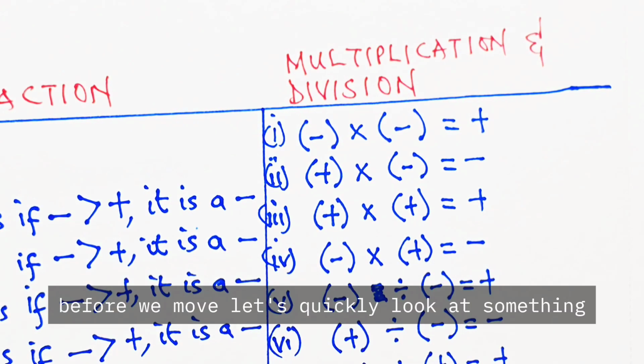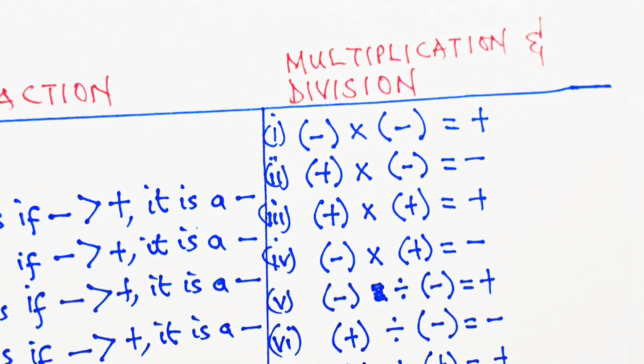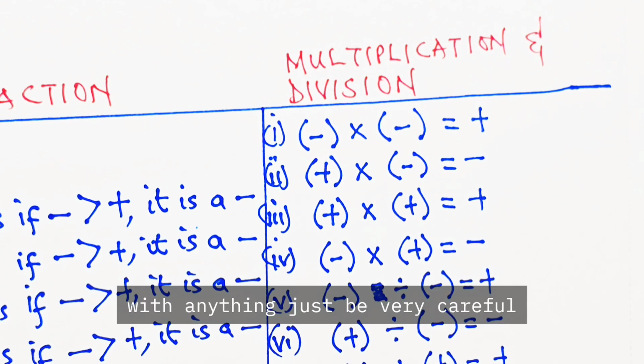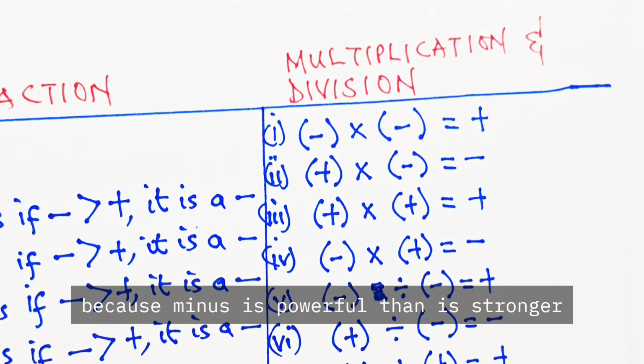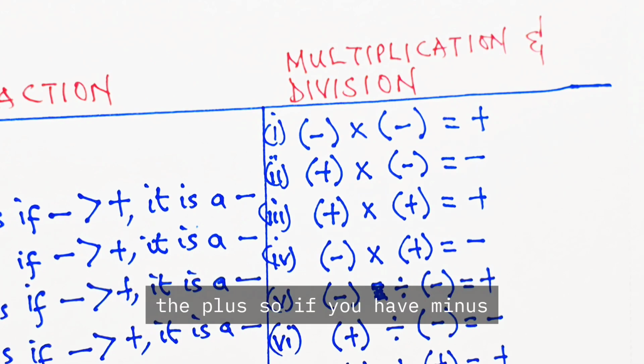Before we move, let's quickly look at something. Whenever you are multiplying a minus with anything, just be very careful, because minus is powerful, stronger than the plus. It can easily displace the plus.